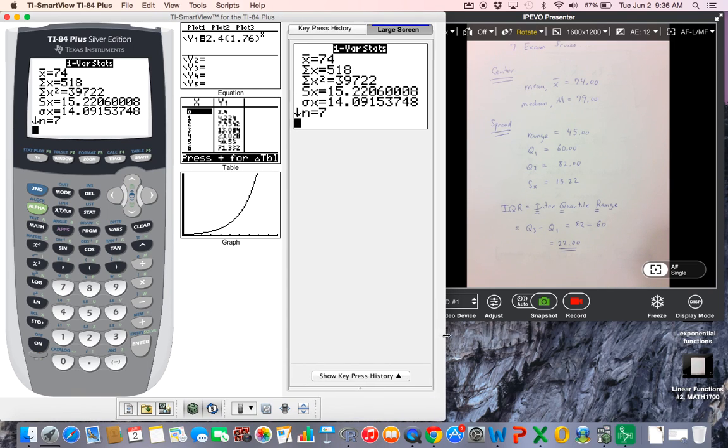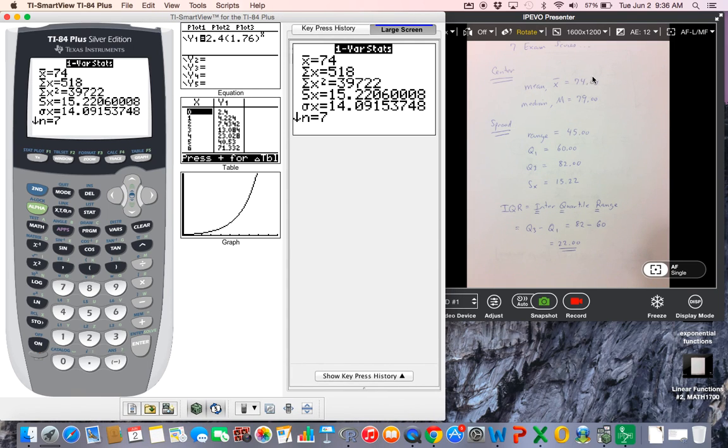All right. Yeah. So we can see that x bar is 74. You can see that this Sx, the standard deviation, which took us about 20 minutes to figure out, is 15.22. That matches up with the answer that we got here. n is 7. That's our sample size.